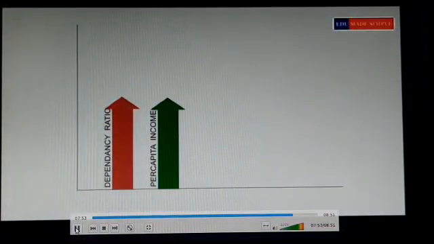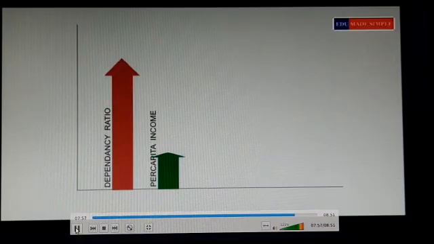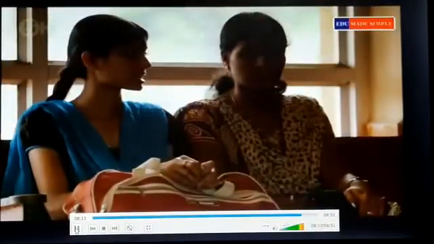An increase in the dependency ratio decreases the per capita income of a country. Many people in the age group of 15 to 59 years do not have a job. This points to the necessity of utilizing the human resource aptly.